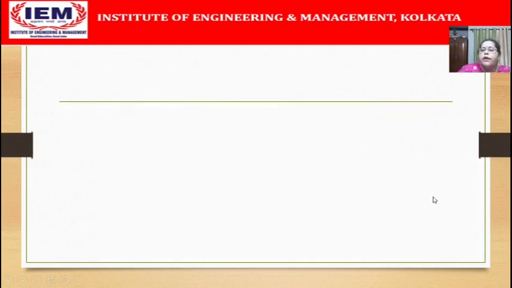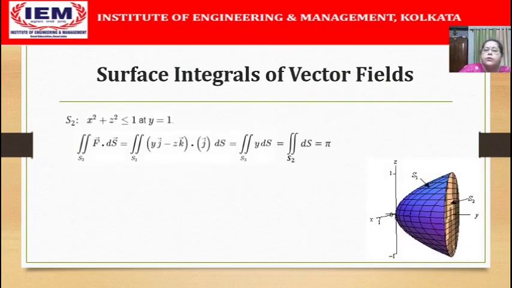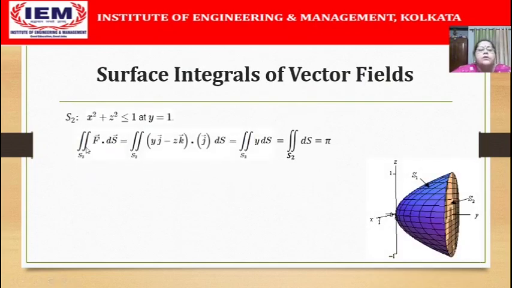Let us now evaluate the surface integral over S2, which is the circular disk. We put here the value of F, y j minus z k, and please note that the normal vector for this S2 is in the y direction. So the unit normal vector is j.